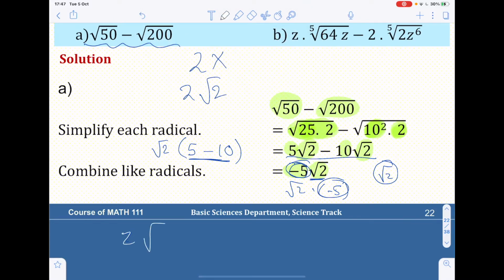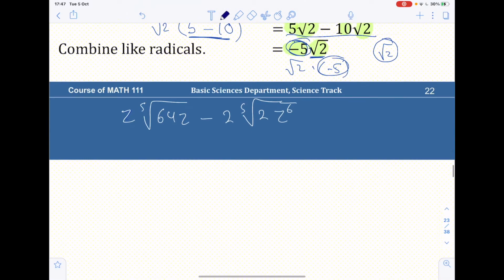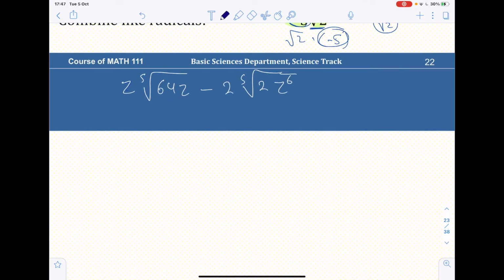Z, the fifth root of 64z minus 2 times the fifth root of 2z to the power 6. Okay, so let's see how we're gonna solve this one. To simplify this one, we have to just have a similar radical.